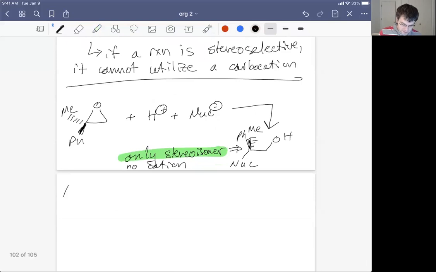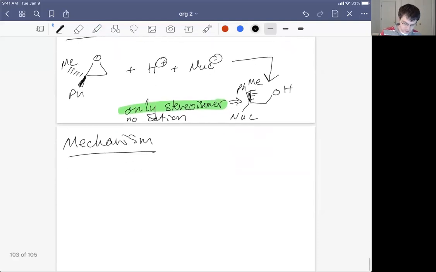Now, what's the mechanism for the formation of that stereoisomer product? Well, the mechanism is as follows. First of all, we protonate the epoxide to give a protonated epoxide. So I'm going to draw phenyl with a wedge and methyl with a dash. And then we're going to show H plus and the nucleophile.